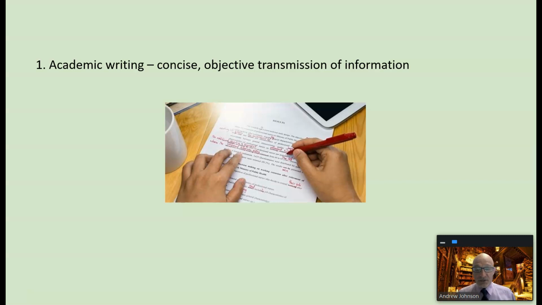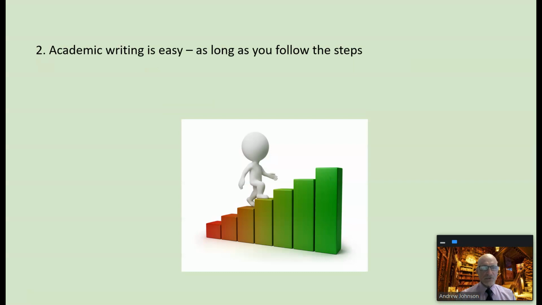It's not a review of what you think, it's a review of the literature. And the goal is to transmit information from point A, your head, to point B, out into the world. And you do that as economically and as efficiently as possible. That's why we like that concise, objective academic language.